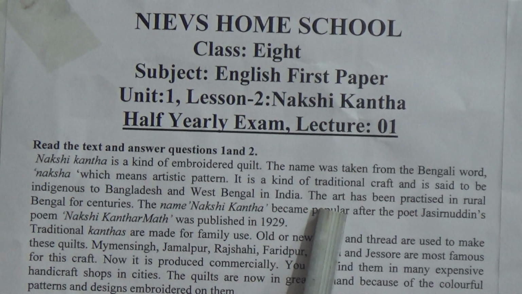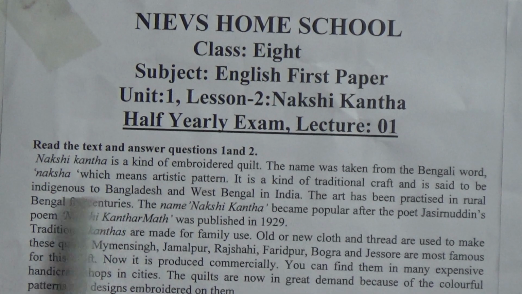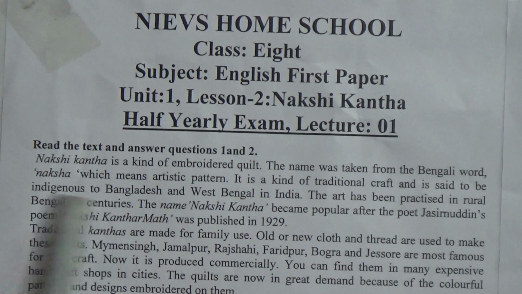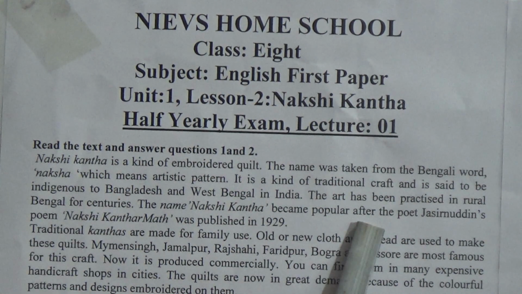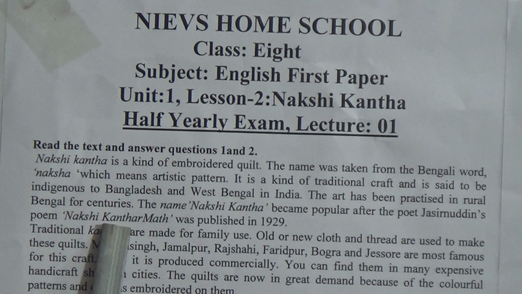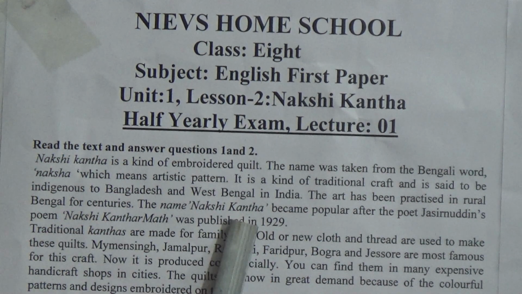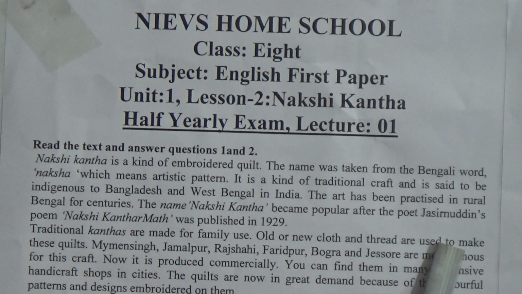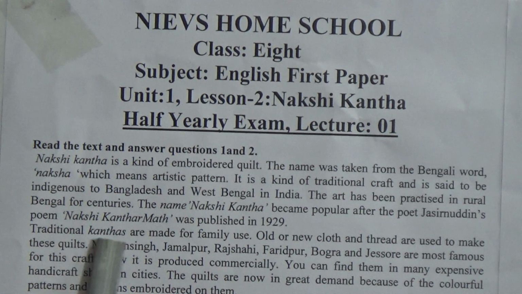Traditional means conventional, that has been coming from generations, and indigenous means native, our own, that belongs to our country. The art has been practiced in rural Bengal for centuries. The name Nokshikata became popular after the poet Jasimuddin's poem Nakshi Kanthar Math was published in 1929.